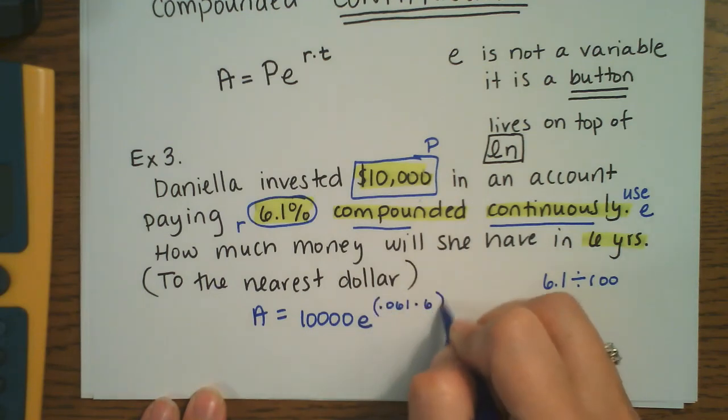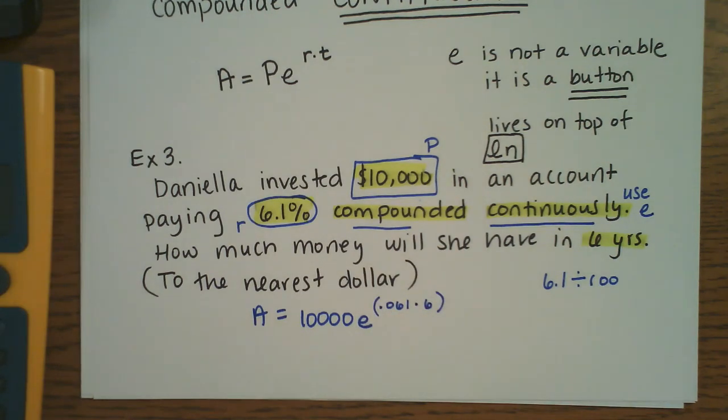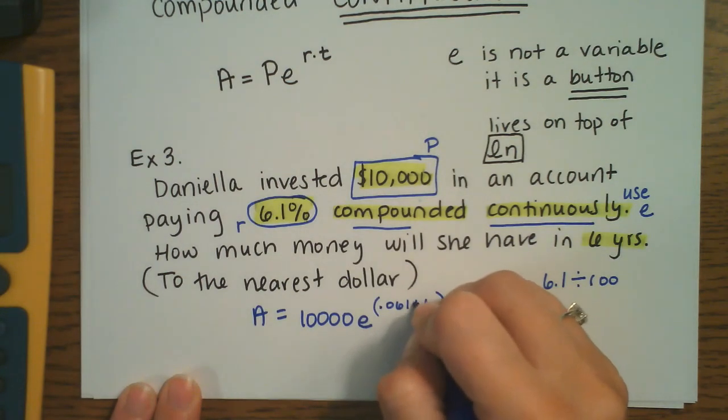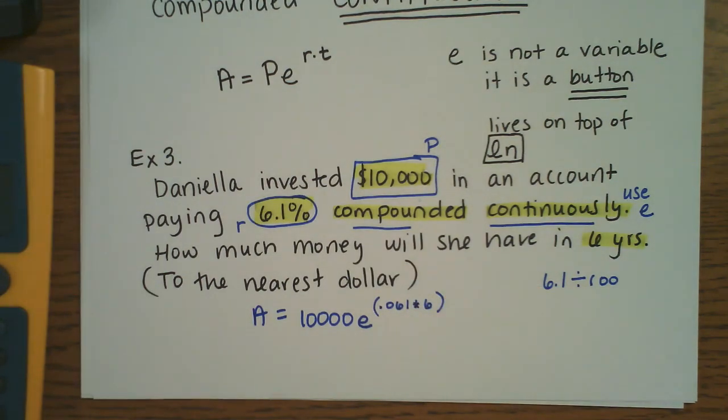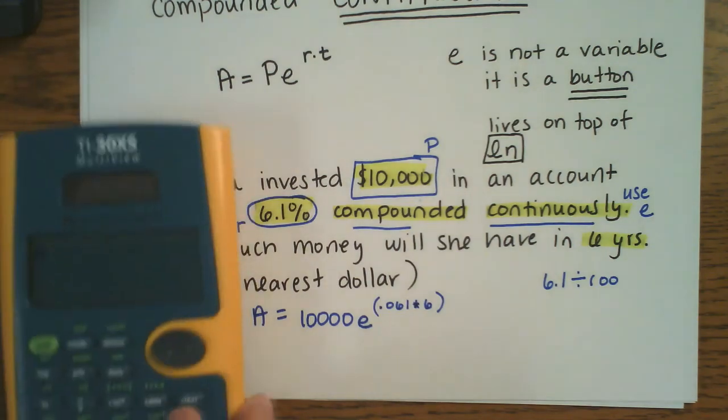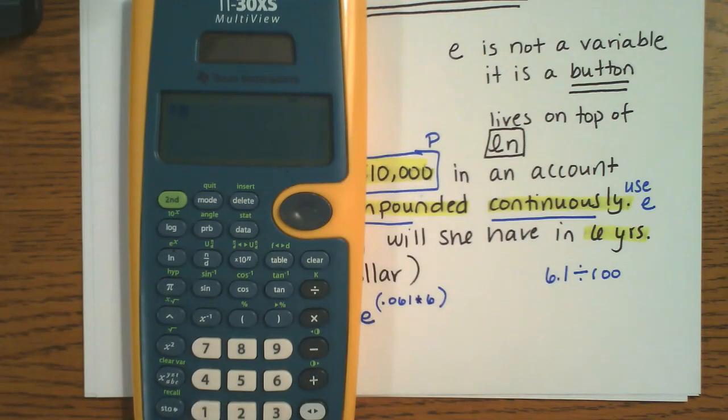If you're using a graphing calculator, the pieces that you're putting in the exponent need to be in parentheses. Otherwise, you're going to get a hot mess for an answer. So we'll do 10,000.